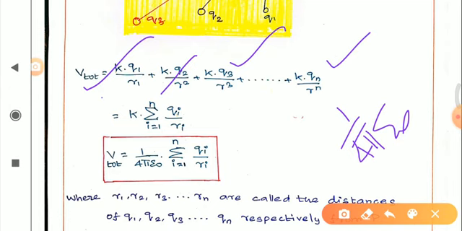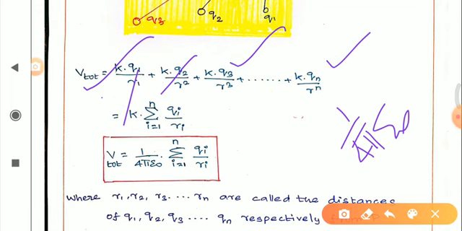If n number of charges are there, it is not possible to write them all on paper, so we use the summation method. In the summation equation, k is constant for all the terms, so it can be taken out. The remaining is the summation of i equal to 1 to n of qi divided by ri.